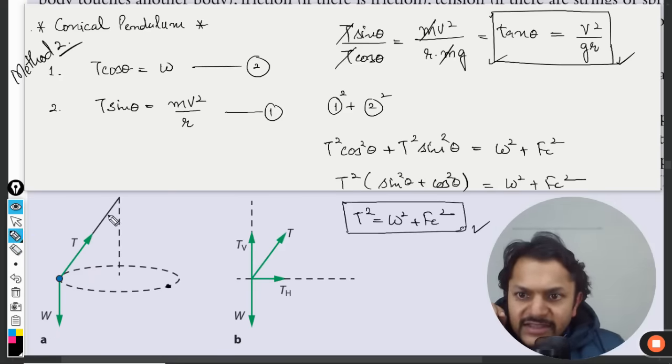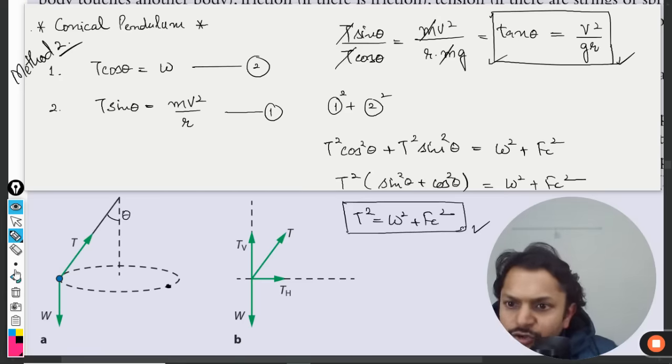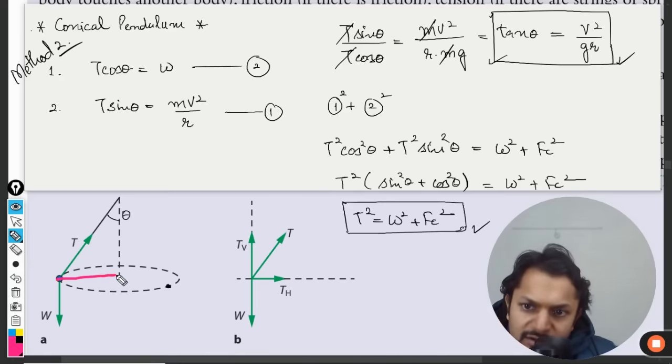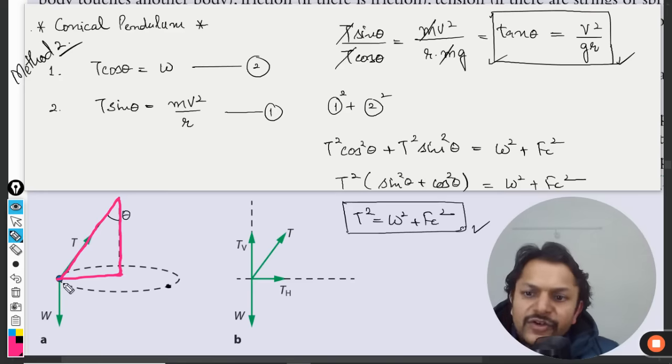Now you see that this angle is given as theta. So what I do, I create this triangle completely. So this is a complete triangle, and this is a right angle triangle. This is a 90-degree angle here.